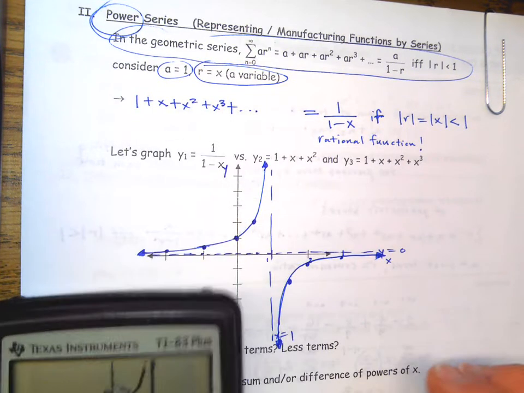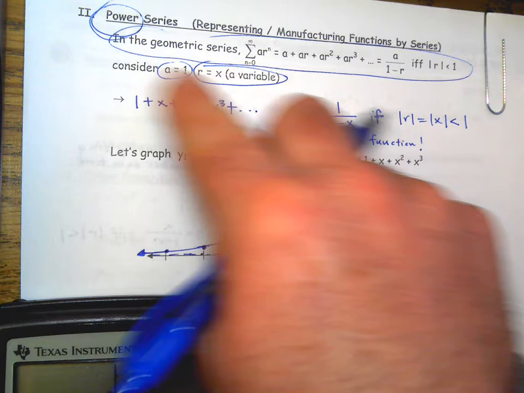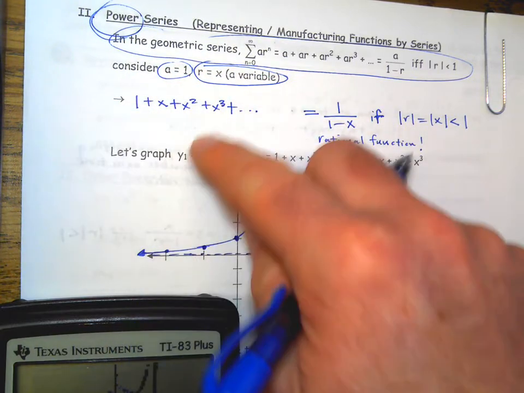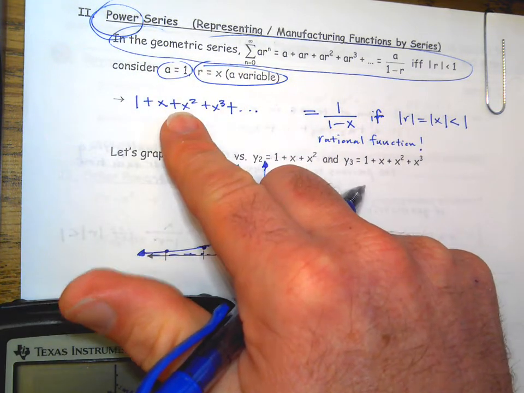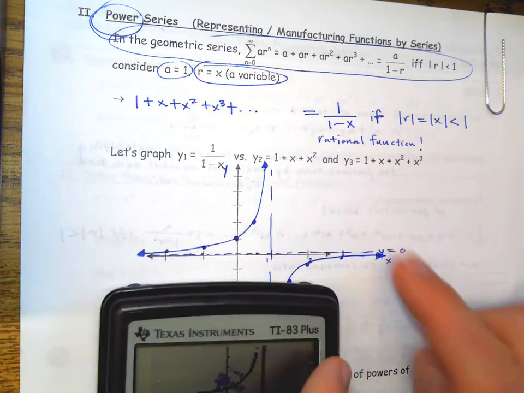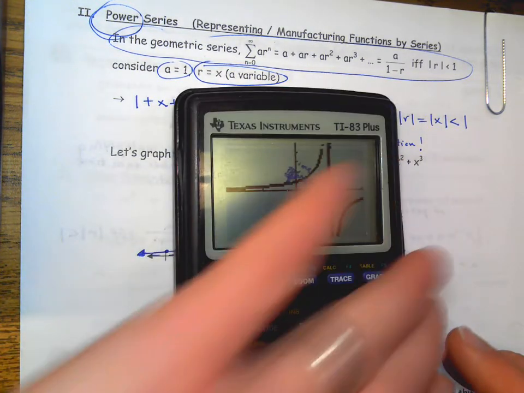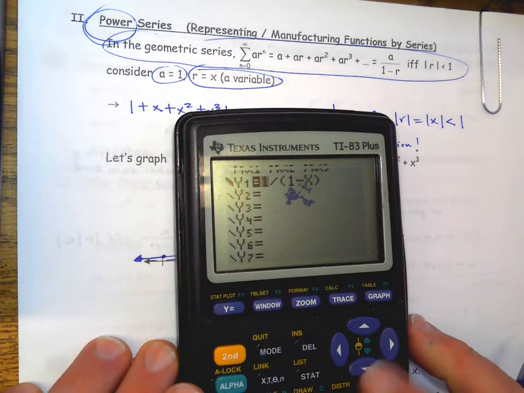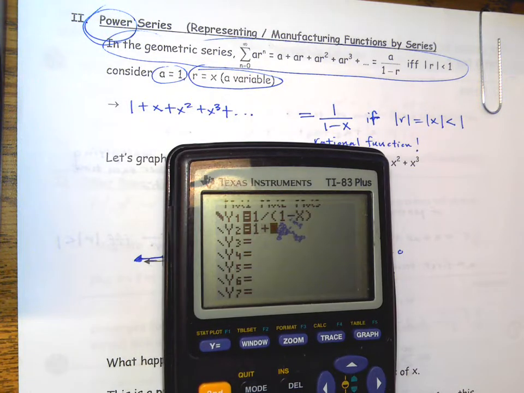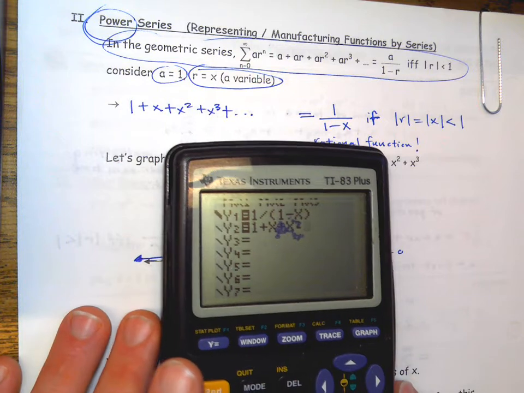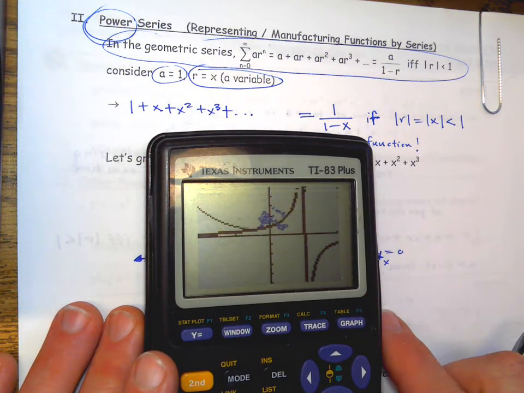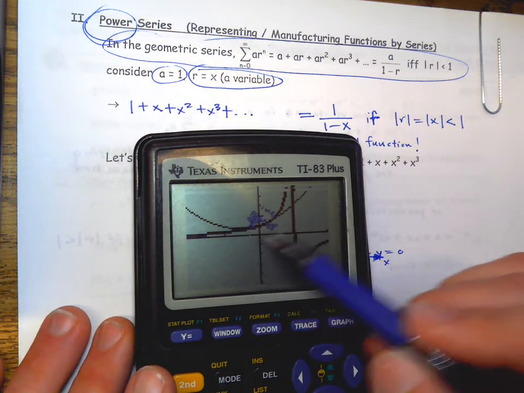Now, what I'm going to do is start graphing just the partial sums of this function. So first, I'm just going to graph the first 3 terms. So it's going to be 1 plus x plus x squared, just the first 3 terms. And then I hit graph. So there it is, and it's kind of weird.